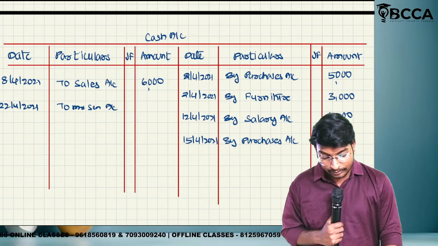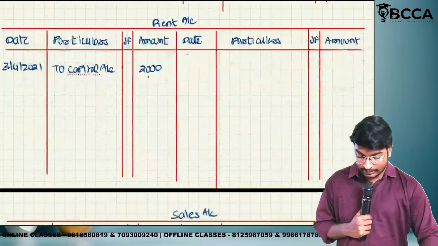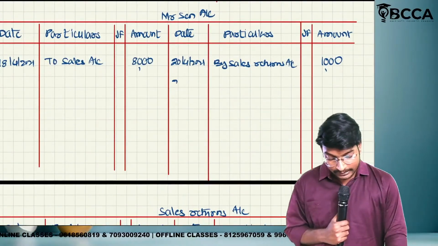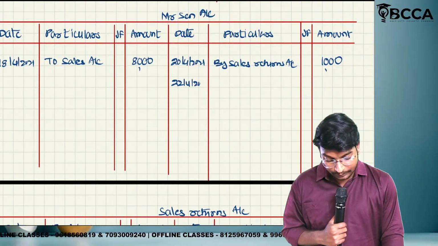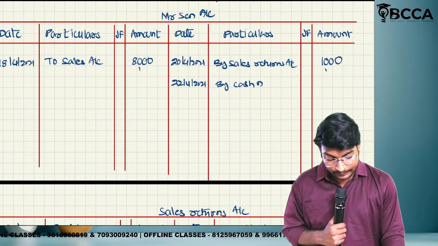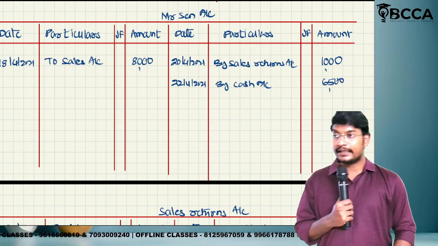What is the amount ma? 6,500. Next, in which account ma? In Mr. Sane account on 22nd April 2021 by cash account 6,500.